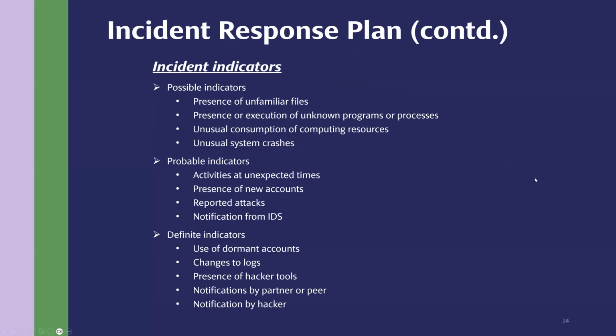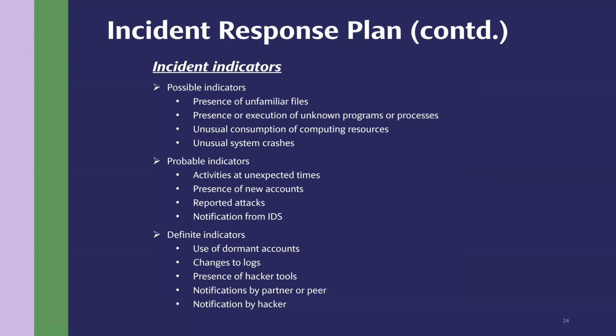So these are some incident indicators that can be followed. For example, possible indicators of incidents include the presence of unfamiliar files. If you see a file on your system that you don't know, this can be a possible indicator of an unexpected event. A probable indicator can be activities at unexpected times.